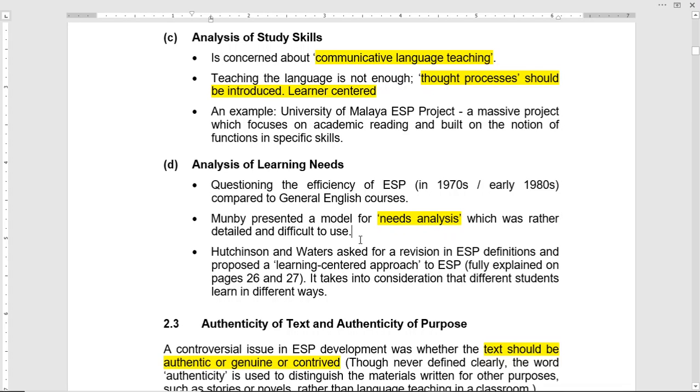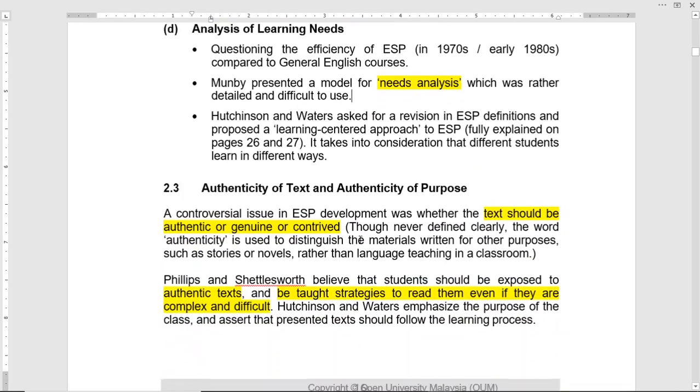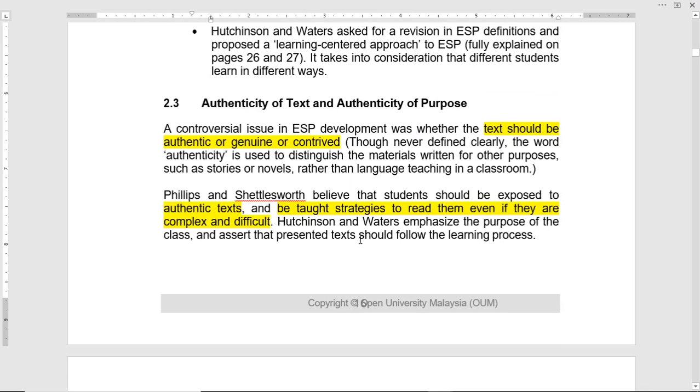Then we move to another area, that is authenticity of text and authenticity of purpose. Authentic text, authentic purpose is in the real world context. So text should be authentic or genuine, or contrived. That is one approach.